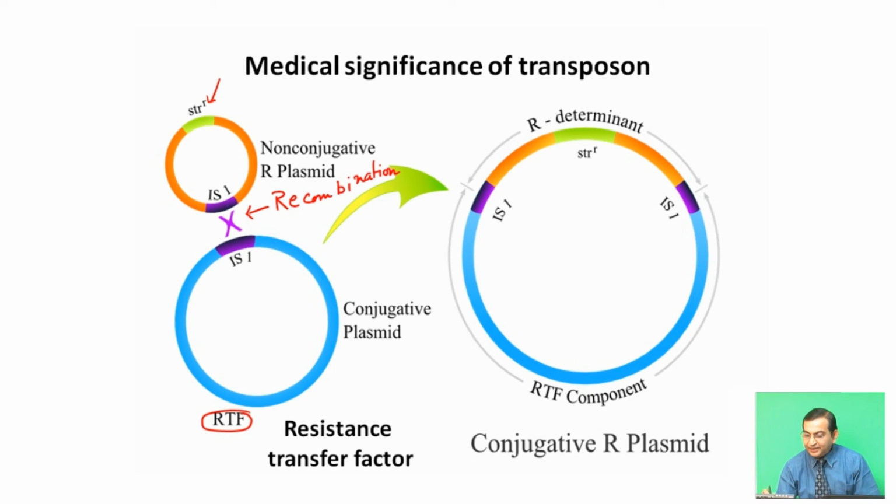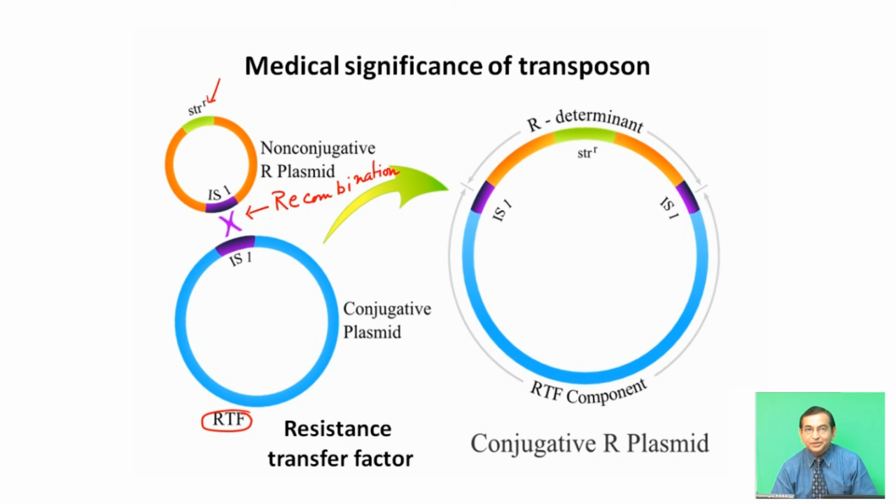Now the IS1 elements, which are present in both the non-conjugative R plasmid and the conjugative plasmid, undergo recombination and a larger R plasmid forms. It is called a conjugative R plasmid. This conjugative R plasmid has the RTF component or resistance transfer factor, two IS1 elements and the streptomycin resistance gene.